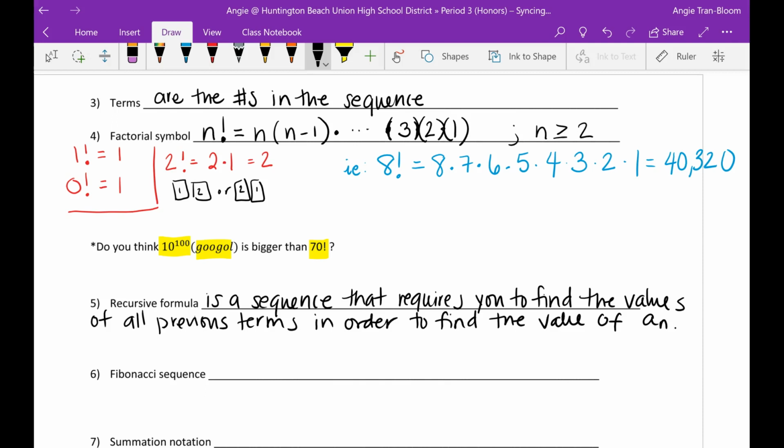What that means is that if you want to find the fifth term, you have to find the first four terms first. So that's what that means.